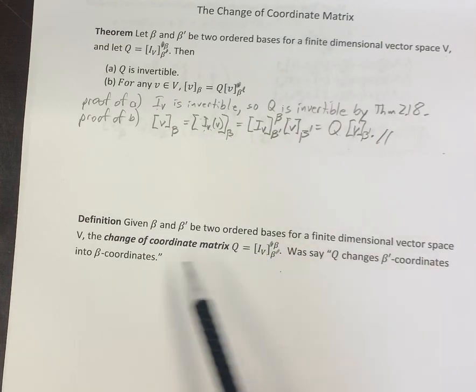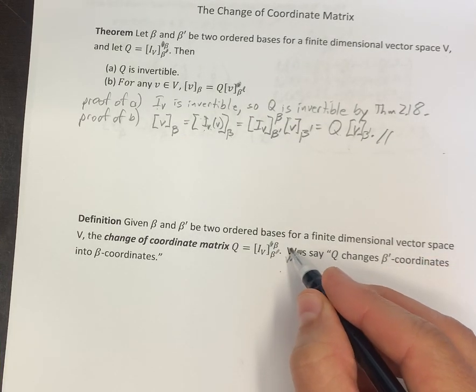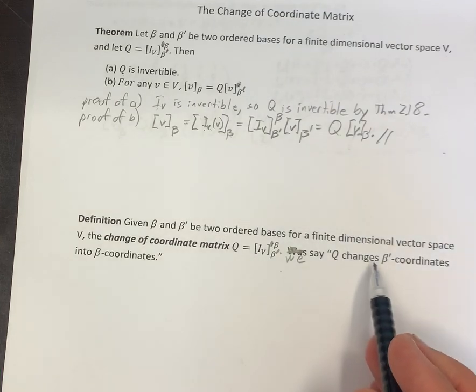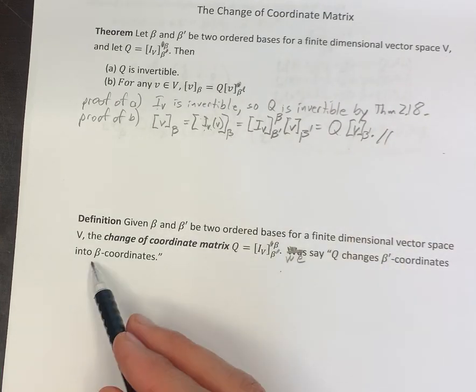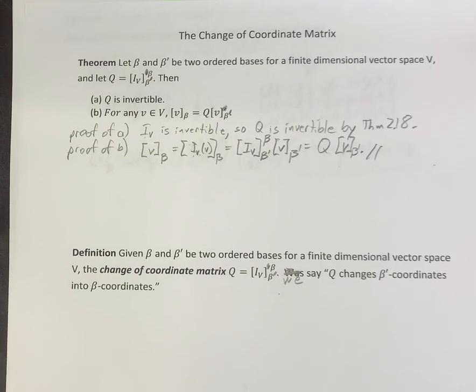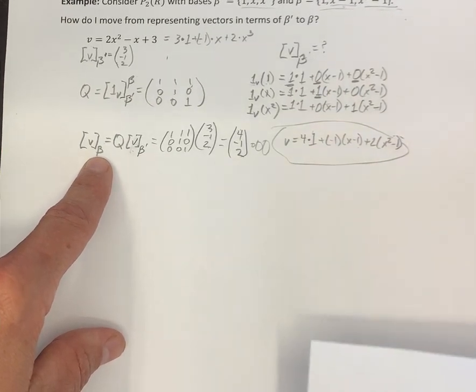That matrix is the one that we care about. That's the change of coordinate matrix, and we say Q changes beta prime coordinates into beta coordinates, okay? So that's a good place to let off, and you can think about this example, and hopefully that's instructive.